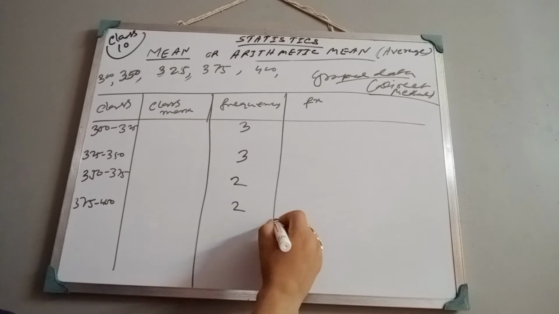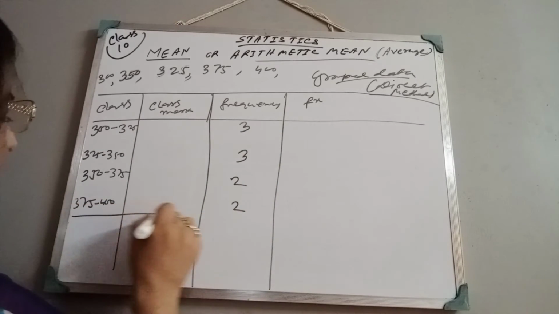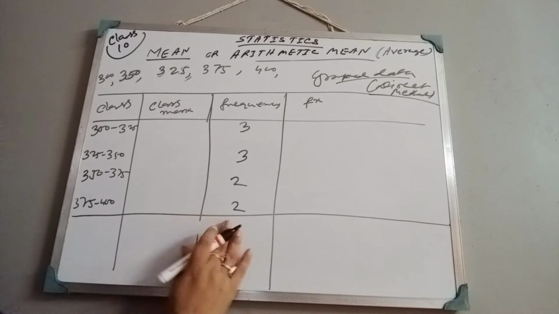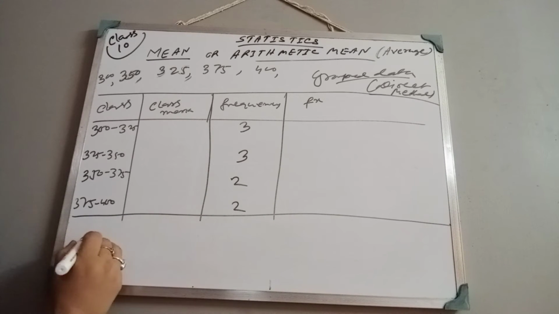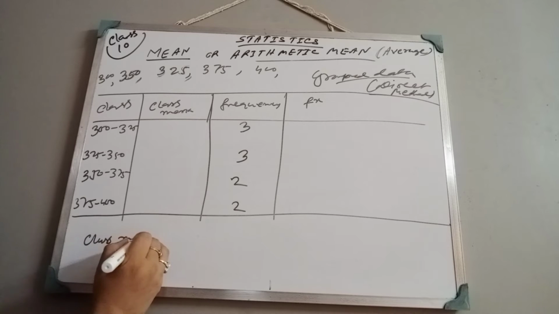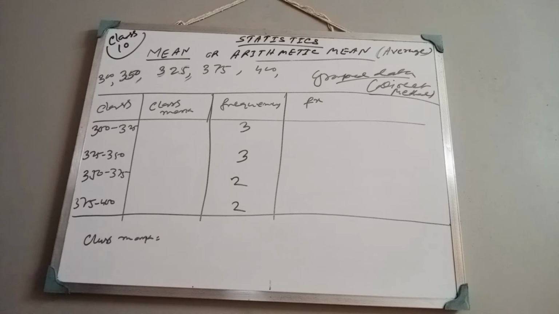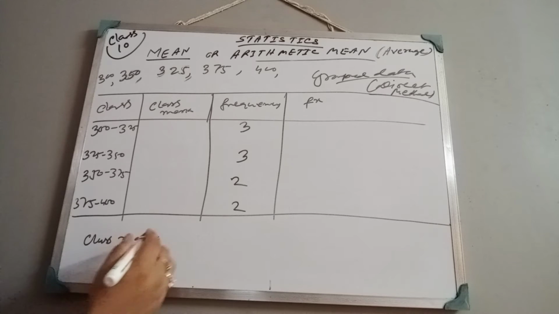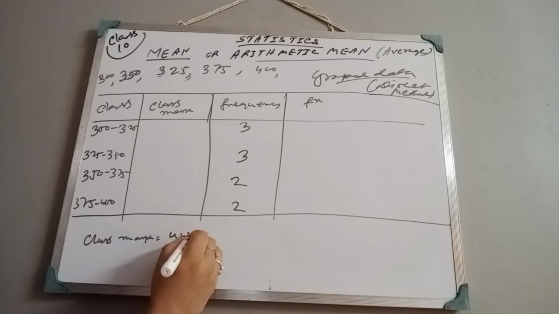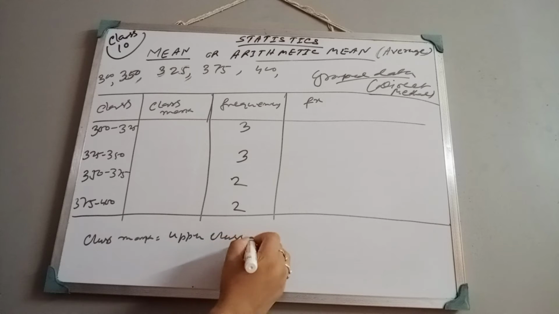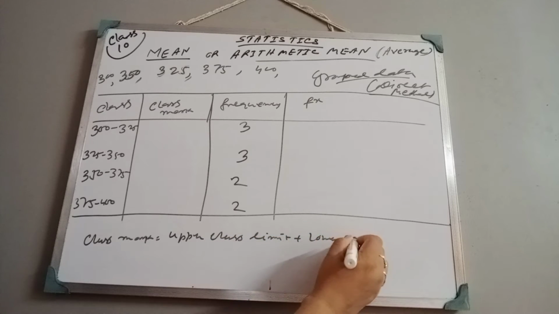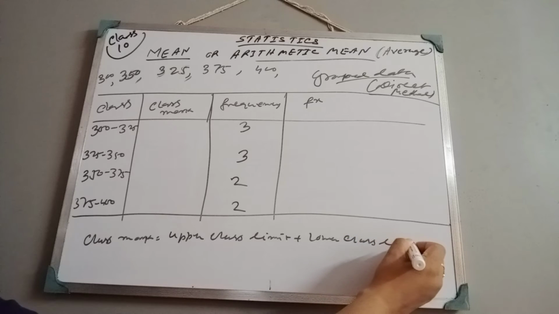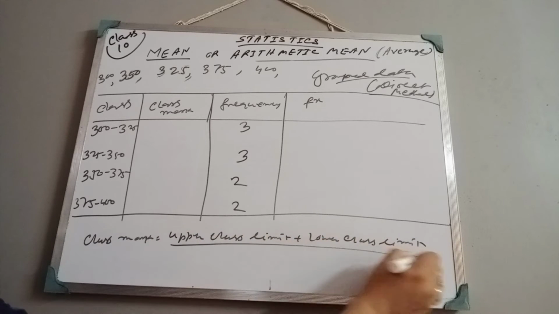What is the formula for class mark? Write this formula first. Class mark equals upper class limit plus lower class limit divided by 2.